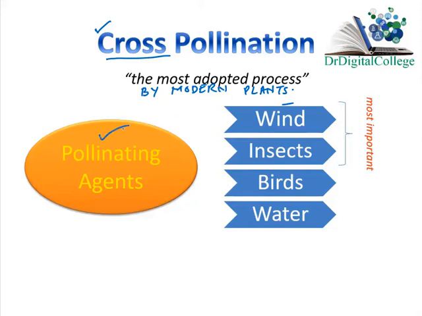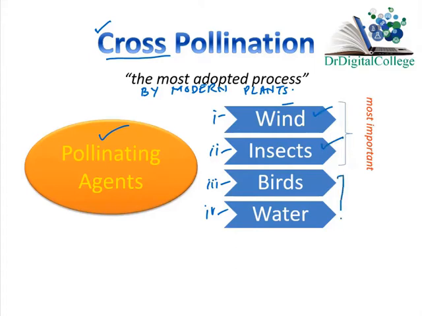Here, as I told, we need pollinating agents. External factors are required. The external factors can be wind, insects, birds, or water. The most important pollinating agents are wind and insects.